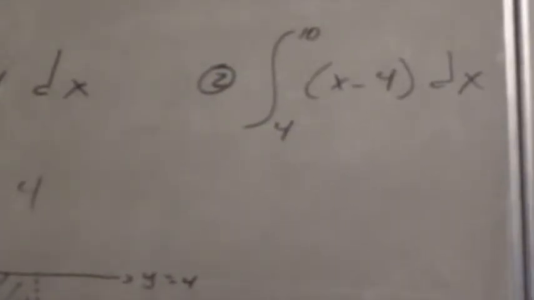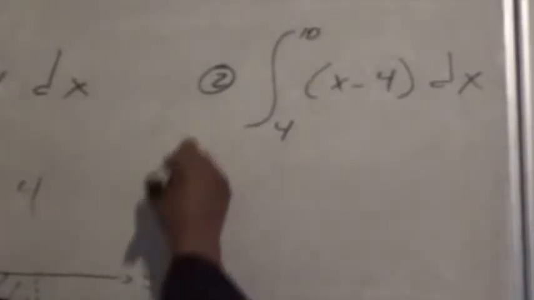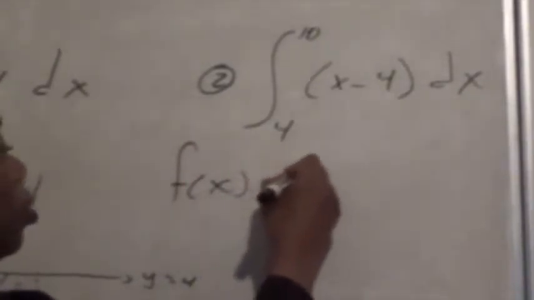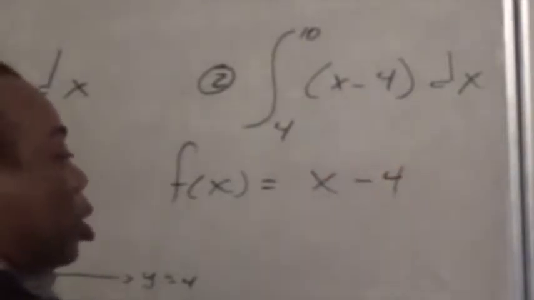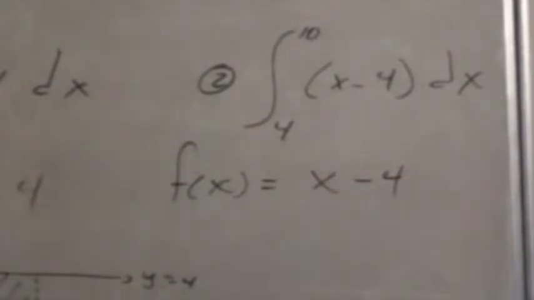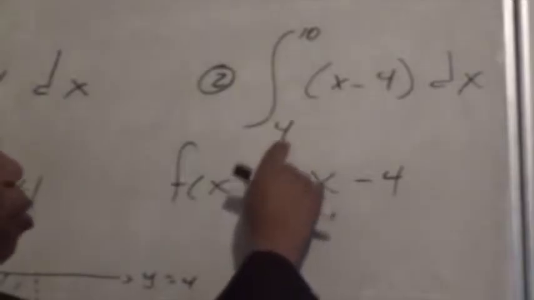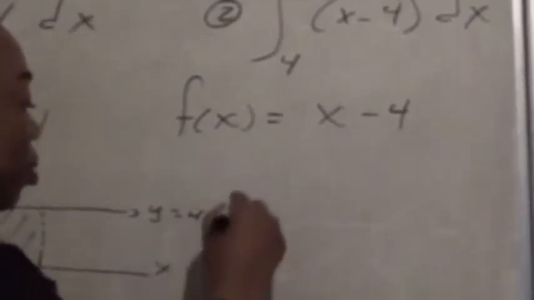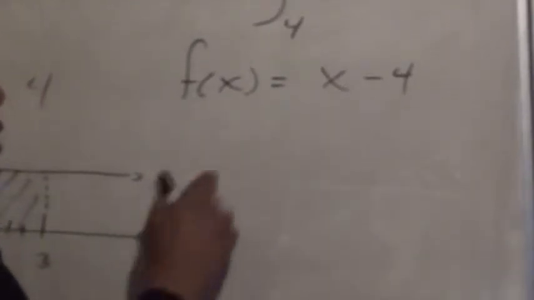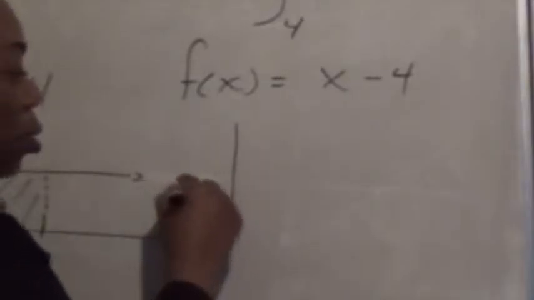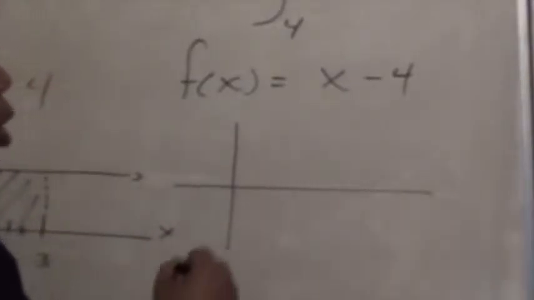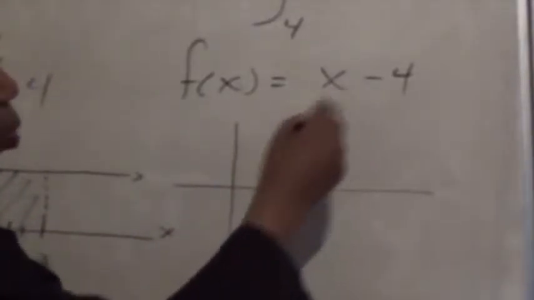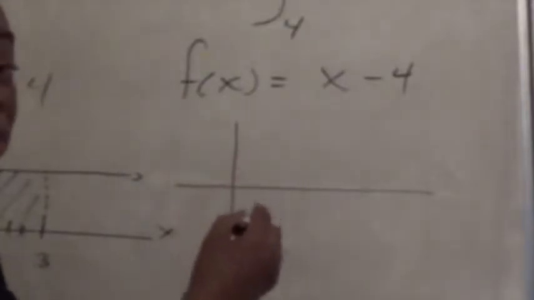Let's look at number 2. Our function that we're considering is x minus 4. I'm going to graph that and find the area between 4 and 10. Let's erase this. My y-intercept is negative 4.